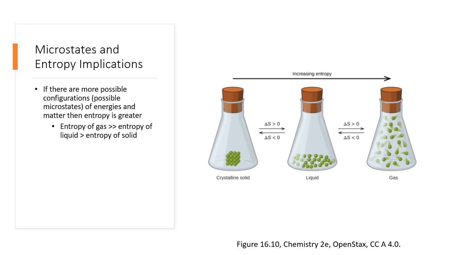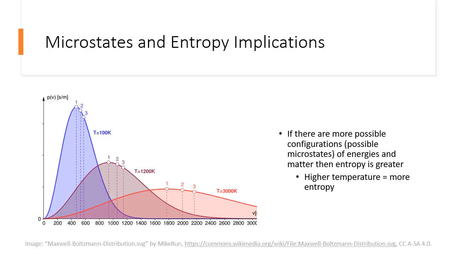All right, so let's think about the implication of having a higher temperature. We can remember the Maxwell-Boltzmann distribution for temperature, and we know that as we raise the temperature, we have a wider distribution of speeds for our molecules, which is more entropy. On this particular plot, we have 3 things marked on each temperature. The 1 refers to the highest probability speed of the molecules.